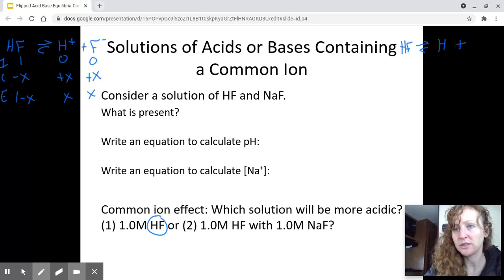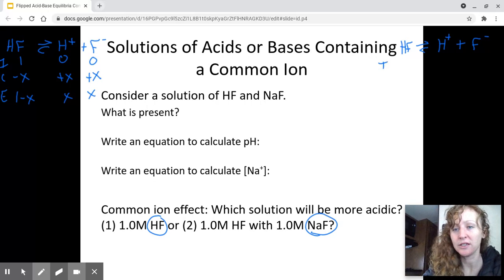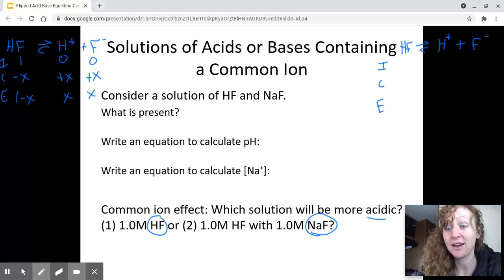And so I don't need to involve NaF in my reaction unless it's convenient. Remember, I don't really care about Na plus. I do have F minus in here, but I don't really need information about Na plus unless they're asking me about it. They're not asking me about it.